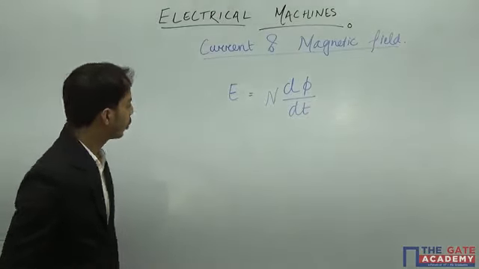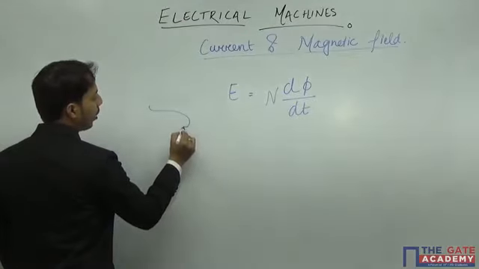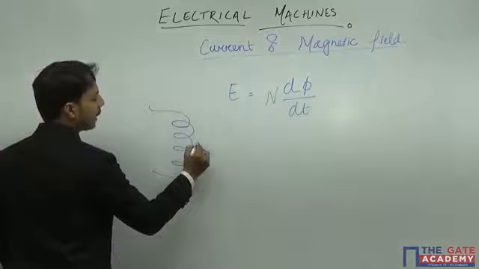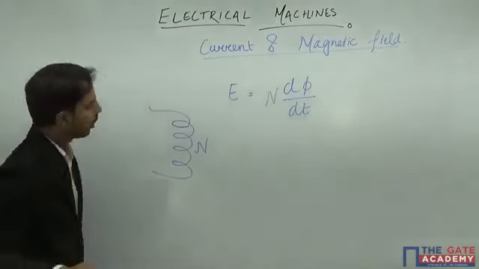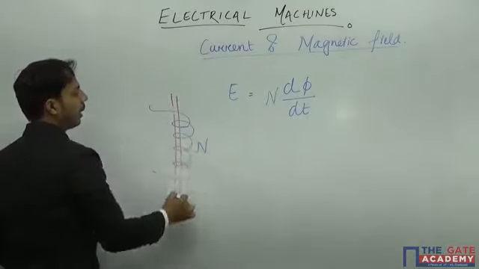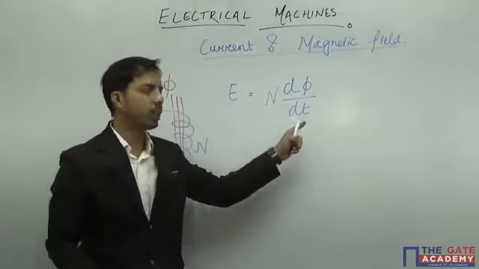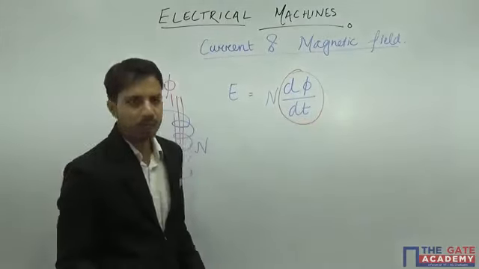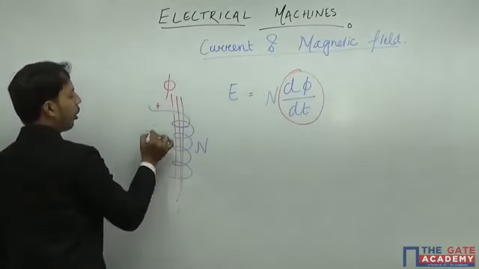So I'm saying that if I have a coil in this way, and there are n turns in it, and this particular coil is linking some flux phi, which is changing with respect to time, given by d phi by dt, then some EMF is induced in this particular coil.